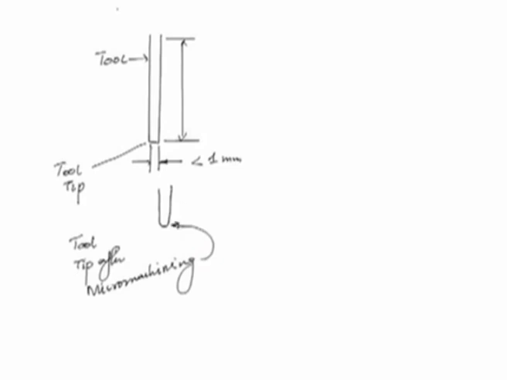Now, if the tool tip becomes like this, then the feature produced in the corresponding workpiece will also be something like this instead of a straight cylindrical hole, which should have been otherwise like this. Therefore, in micro USM, getting the tool geometric feature correct is a challenge, and maintaining this tool feature throughout after machining is another big challenge.